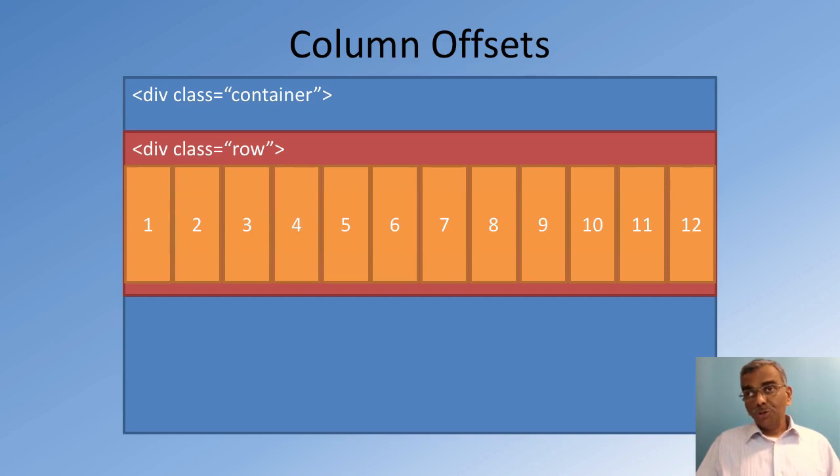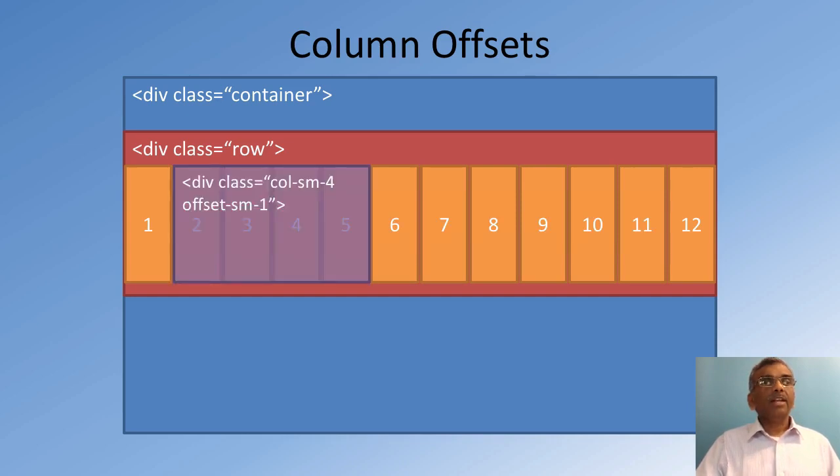Bootstrap also allows you to do column offsets. How does this work? Let's look at an example. In this column offset, we can specify a piece of content, and to that, if we apply the class offset-sm-1, what we are specifying is that for small to extra large screens, this piece of content should be right shifted by 1 column.